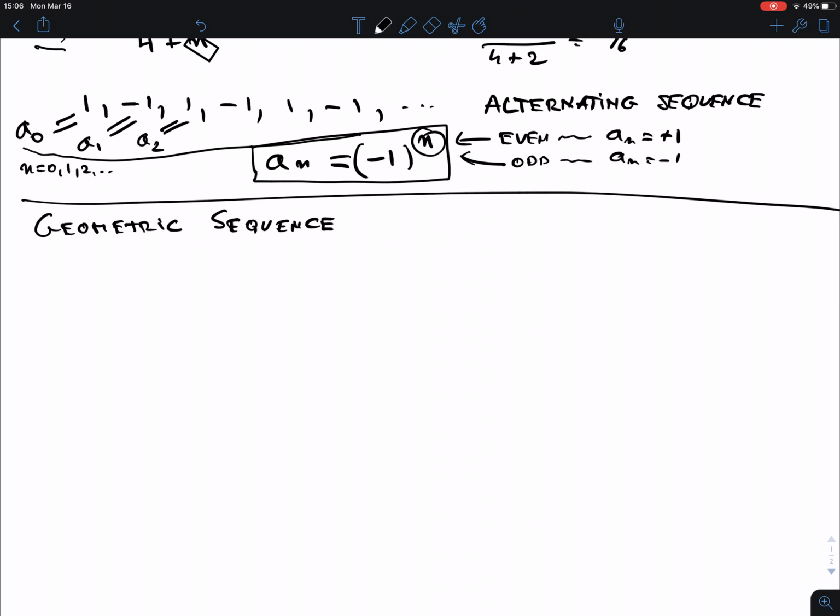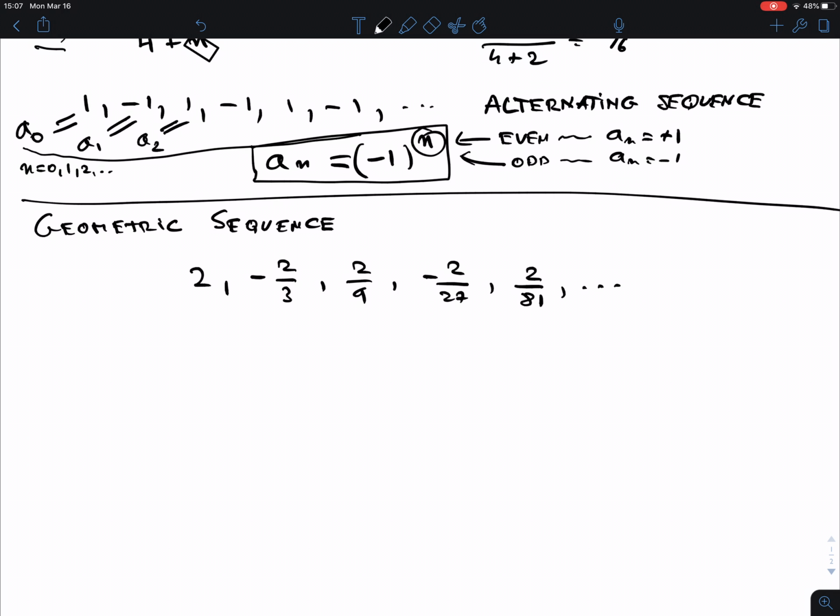I'll give you an example right away so that we can discuss it. So the geometric sequence that I'm thinking of here is this one. Okay, again, pause the video and think about it.